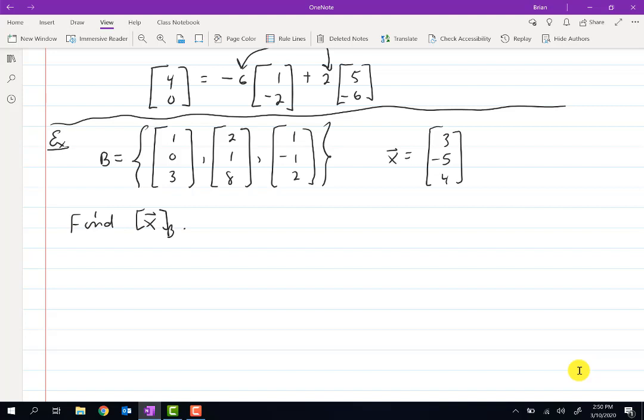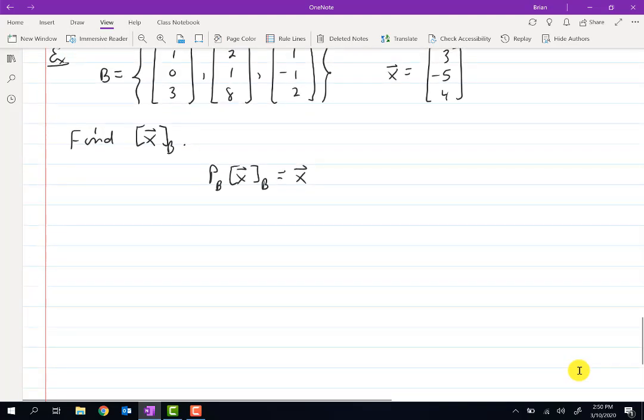So one thing we already know, this is the equation that we give, PB times x sub b equals x, but we want to find x sub b, so we're doing x sub b equals PB inverse times x. Well, the PB is very simple.